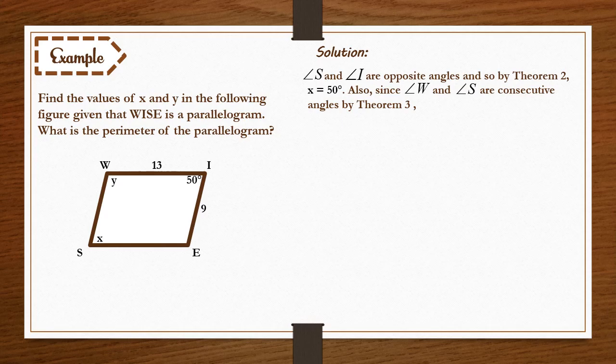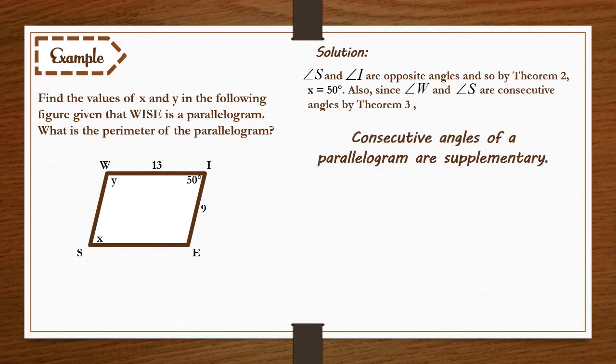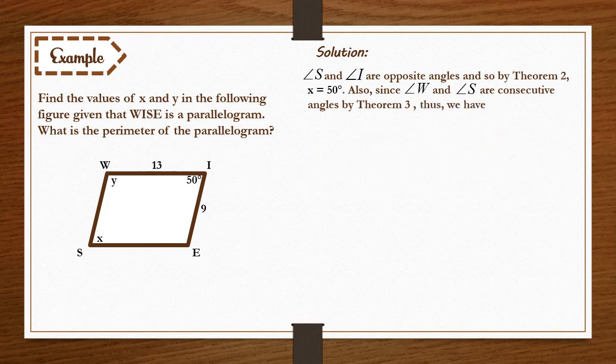S are consecutive angles, by Theorem 3, which states that consecutive angles of a parallelogram are supplementary, we have the equation 180 degrees is equal to x plus y. We substitute the value of x. X is equal to 50 degrees, so we have 180 degrees is equal to 50 degrees plus y.